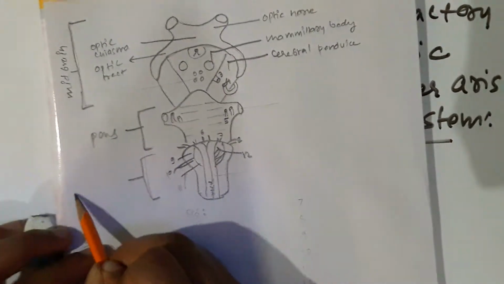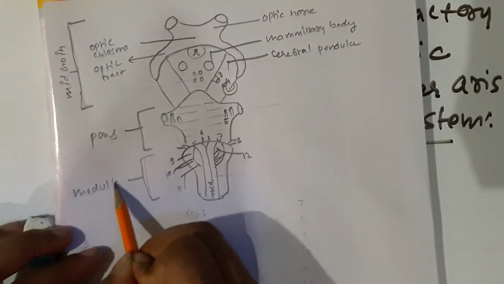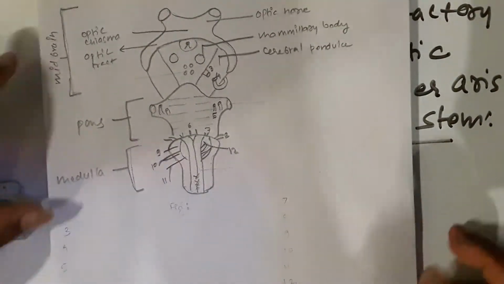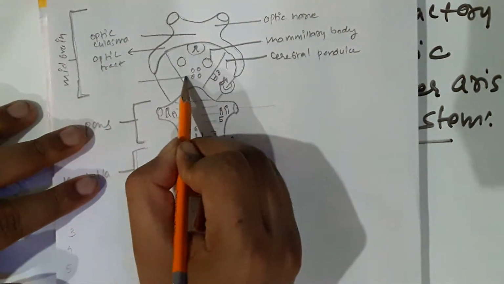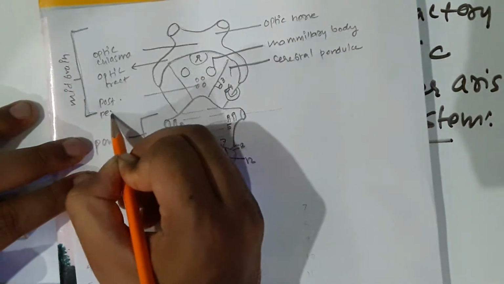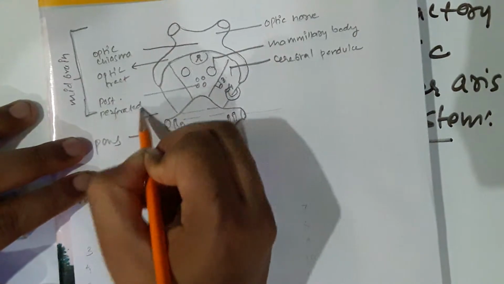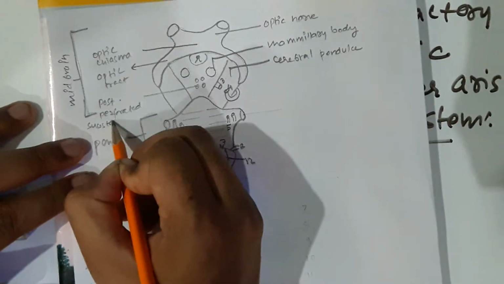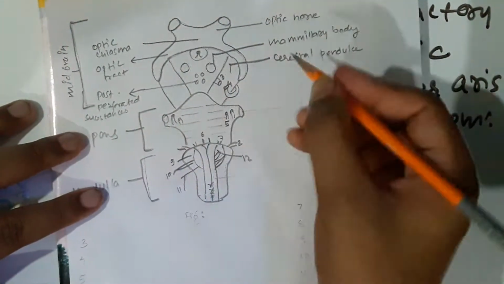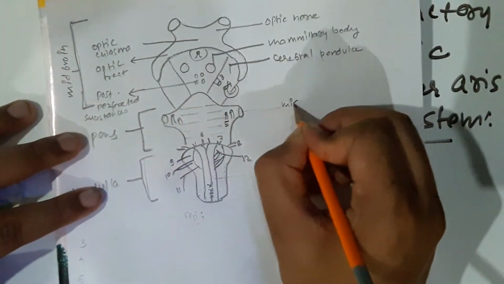Pons, medulla. I hope you are able to see it. This is the posterior perforated substances. Then we have the nerves. This is the middle cerebellar peduncle.